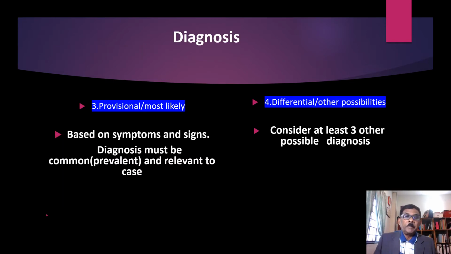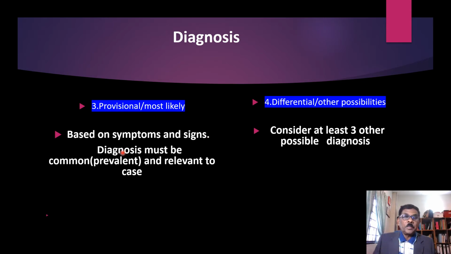With this summary, you then consider the diagnosis. You come to the most likely diagnosis or the provisional diagnosis, which is only one, and this provisional diagnosis must be based on the symptoms and signs alone that you get from the case scenario or from the patient.